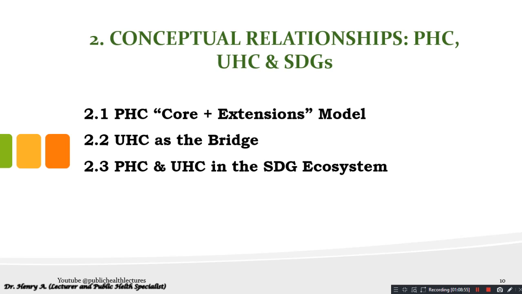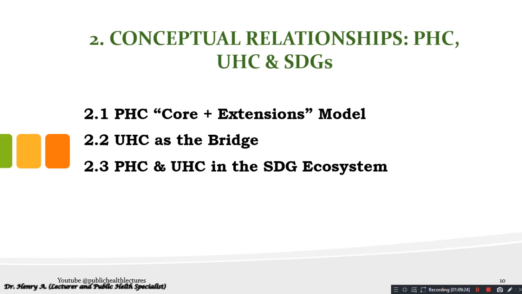Now, the world actually tracks UHC progress using 2 key indicators. According to the WHO, the progress of universal health coverage is tracked by using 2 indicators. Number 1 is called the service coverage index. And number 2, financial protection.